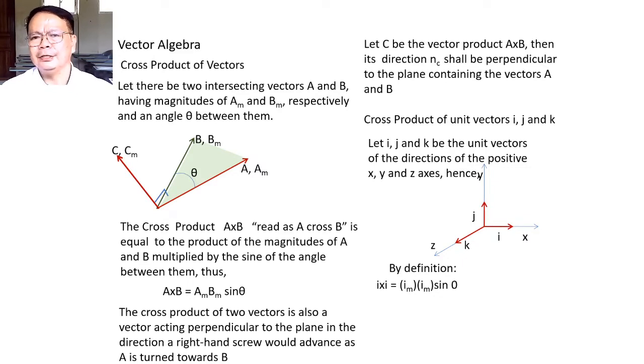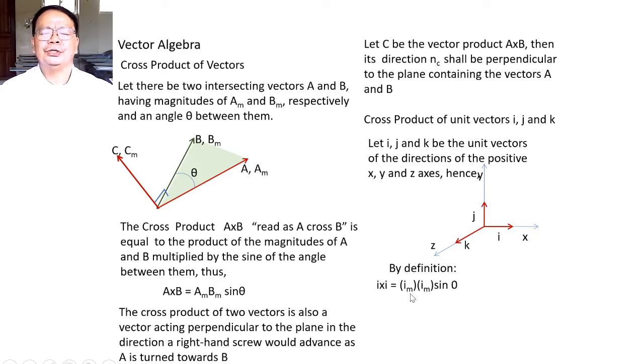By definition, it is equal to the product of the magnitudes of i times i times the sine of the angle that separates the two vectors. Because they are parallel, in the same direction, the angle that separates the two vectors shall be equal to 0.